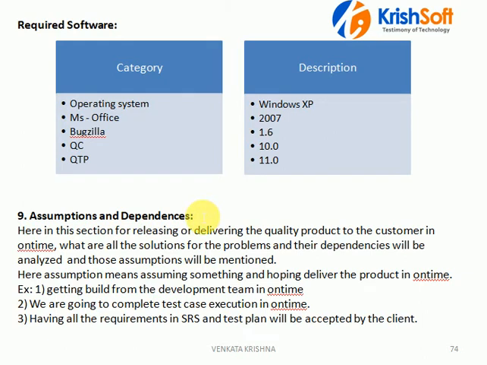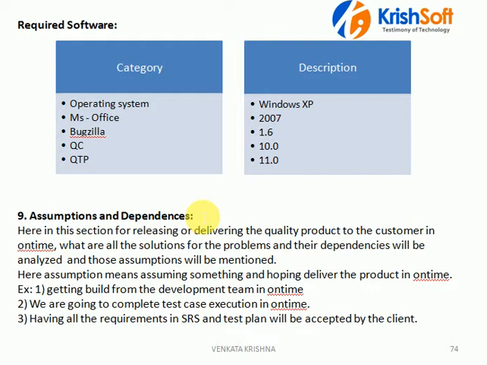What are we assuming as a tester? I am assuming I am going to get the build from the development team on time. That is my assumption. Whether the development team is giving it on time or not, that is not the matter. But I am assuming I am going to complete my scenarios and test cases on time.